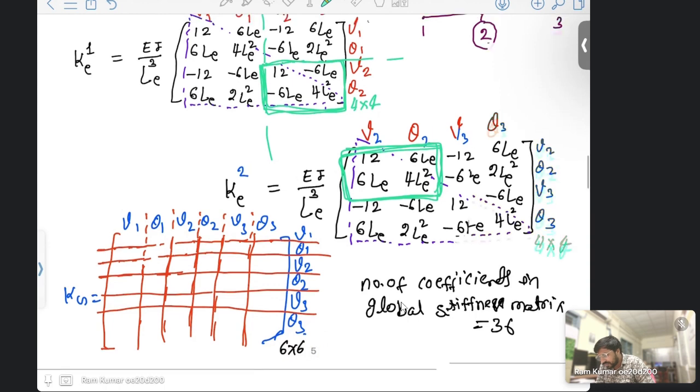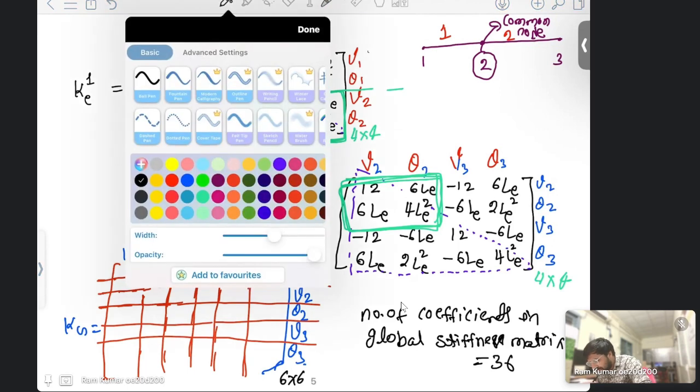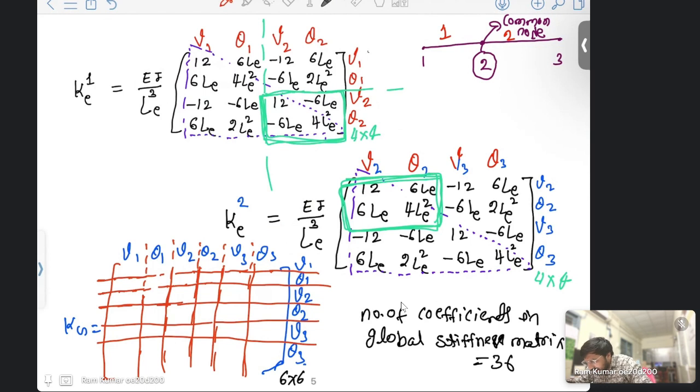So now how are we going to find that global matrix? What we have to do now is check. B1, yes, then we will put B1 at this location. Then theta 1 B1, we will put at this location.